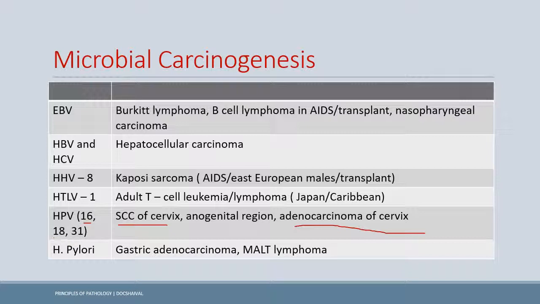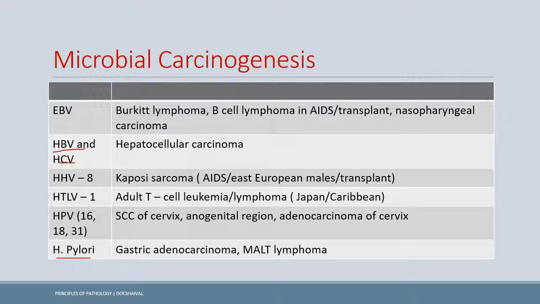The last one we have is bacteria, and one thing to be kept in mind in H. pylori and even in HBV and HCV, which I forgot to mention earlier, is that the main problem is excess inflammation.